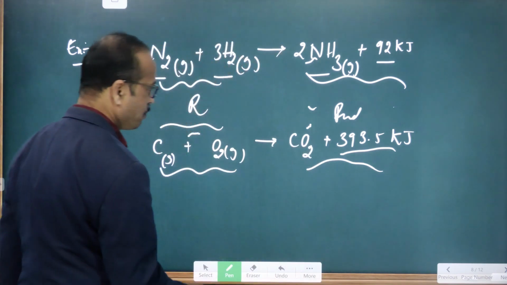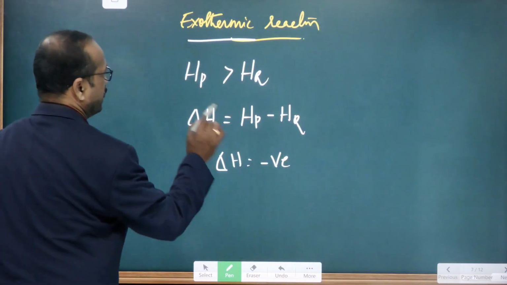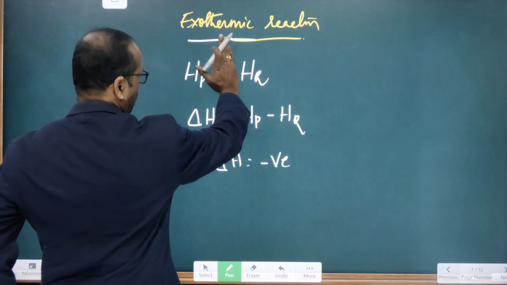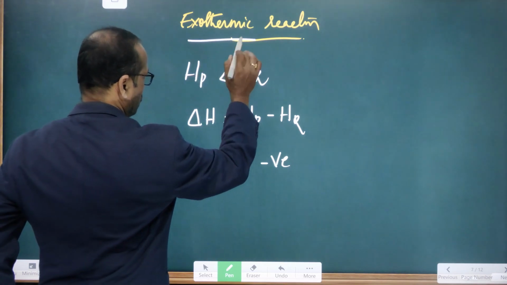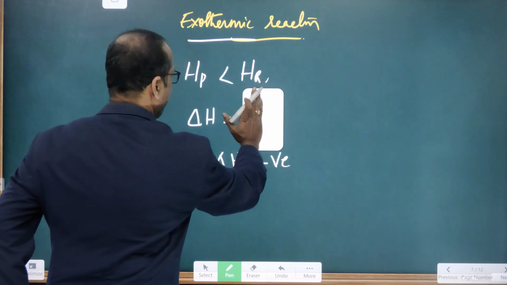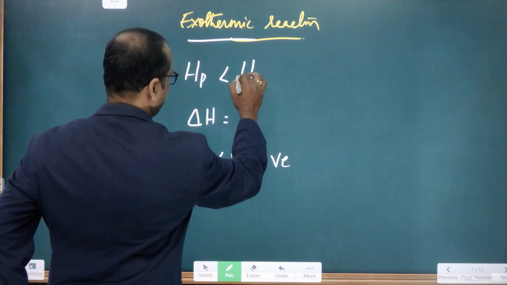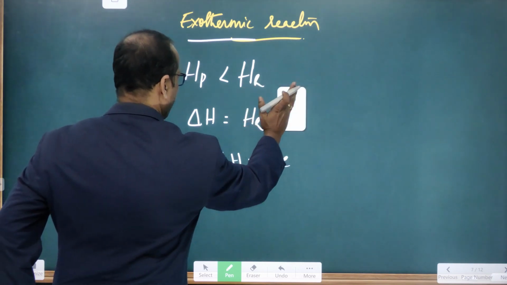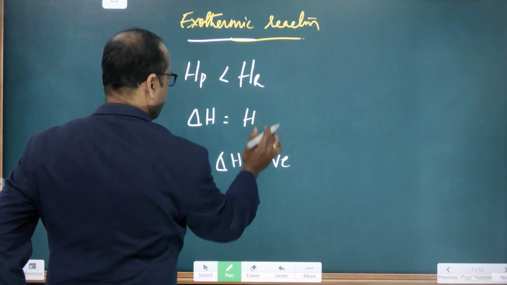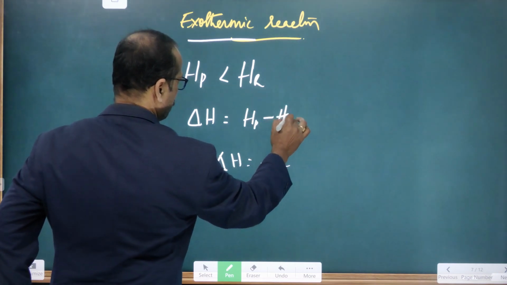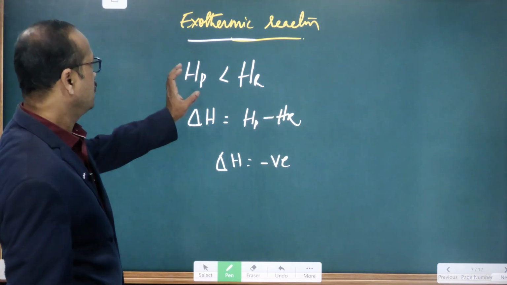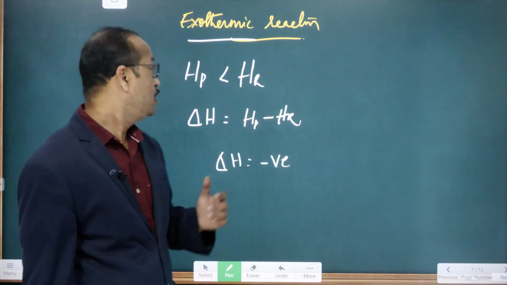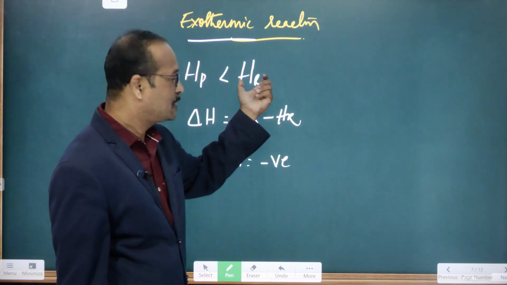So how can we write this mathematically? Heat content of the product minus the reactant. Now the heat content of the product is less than the heat content of the reactant, so this is smaller and this is bigger.